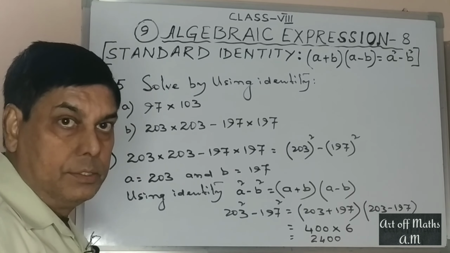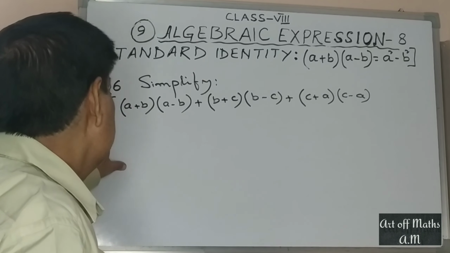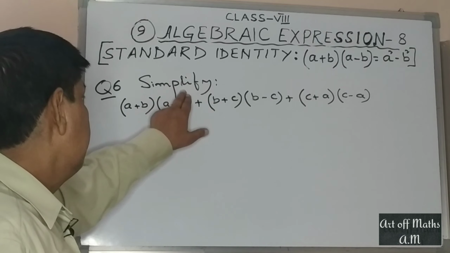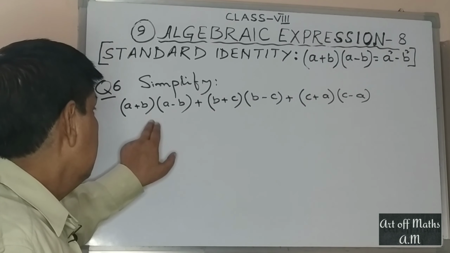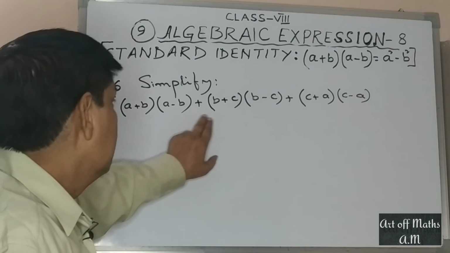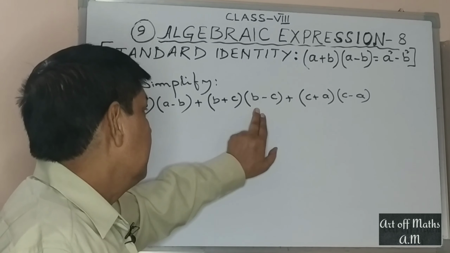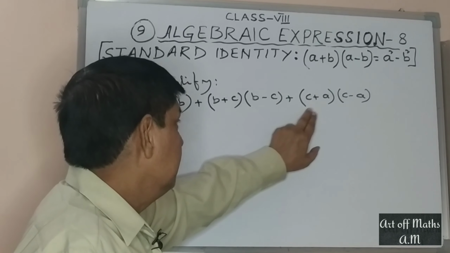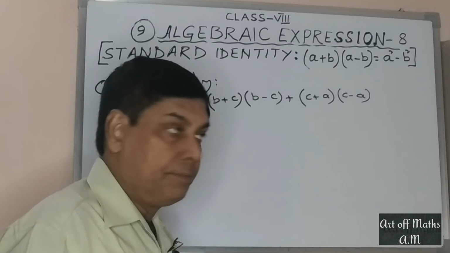Now coming to the sixth question. The sixth question: simplify (a plus b) into (a minus b) plus (b plus c) into (b minus c) plus (c plus a) into (c minus a).